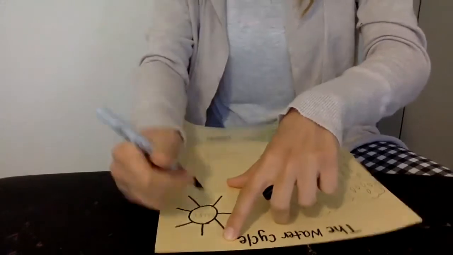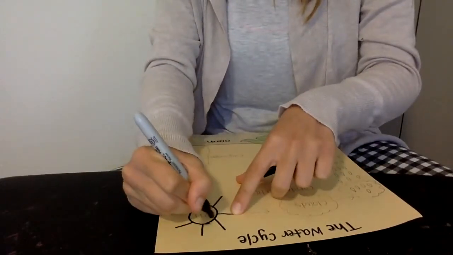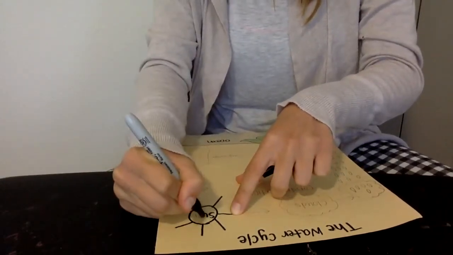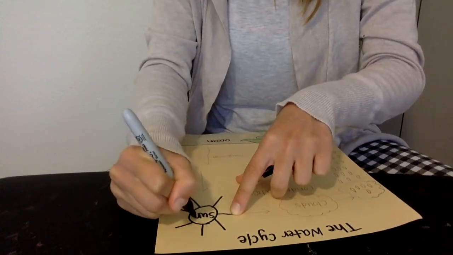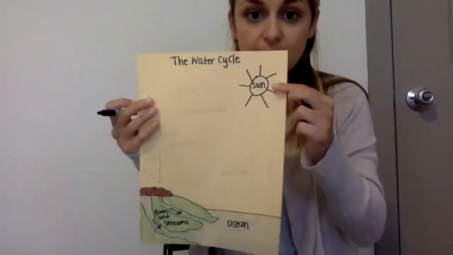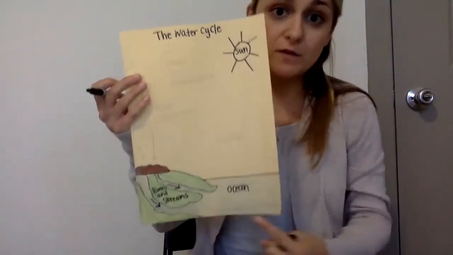You're going to draw a sun, and you will label it sun. S-U-N, sun. So we have a sun, and then we have our ocean with our rivers and streams.